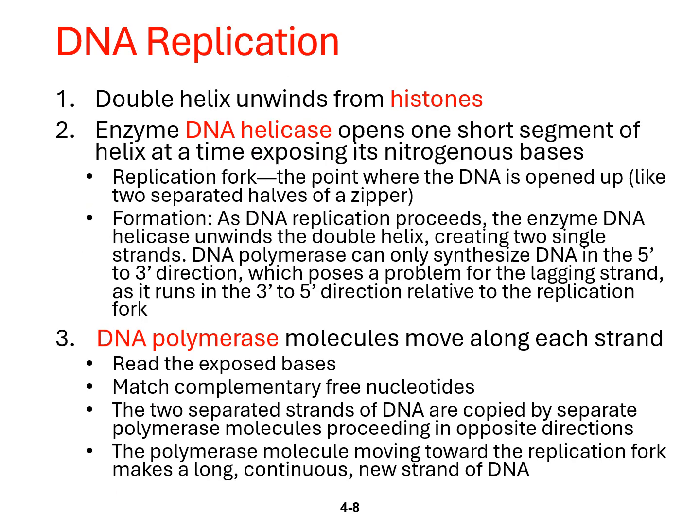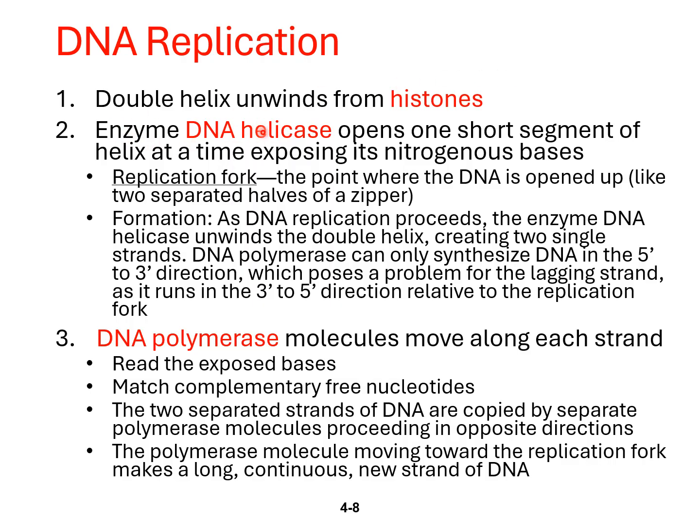So let's take a look. You have many steps in DNA replication, but first you have to unwind the helix. And you have to remember, the helix is wound all around these histones, which are those little disc-like shapes. So first you need to take the DNA helix off of those histones. Then you have another enzyme called DNA helicase.